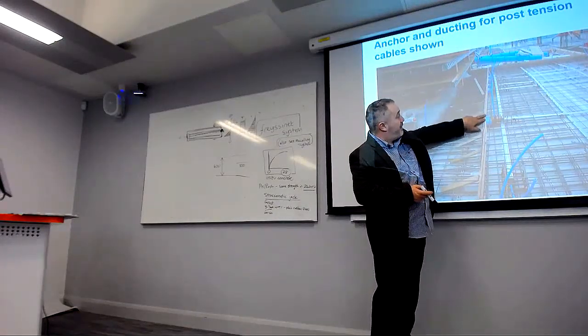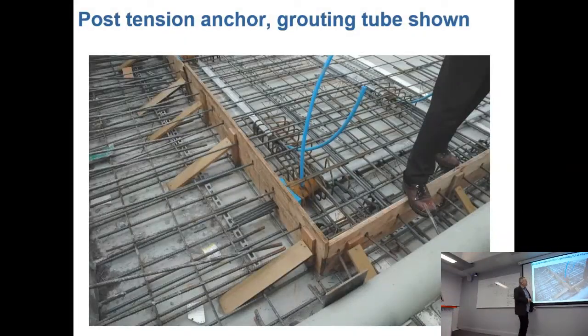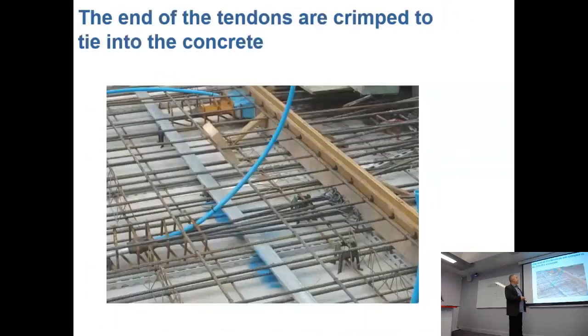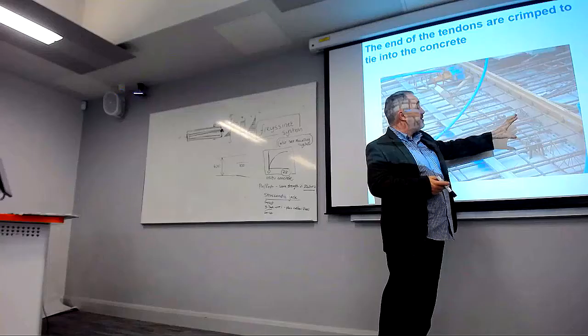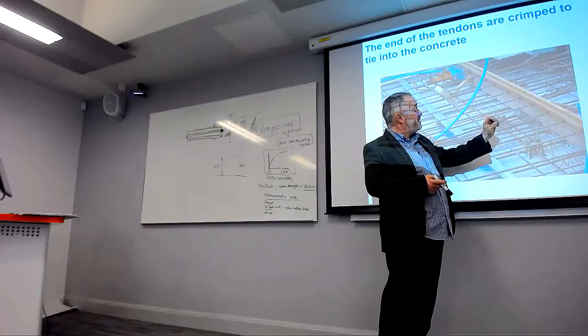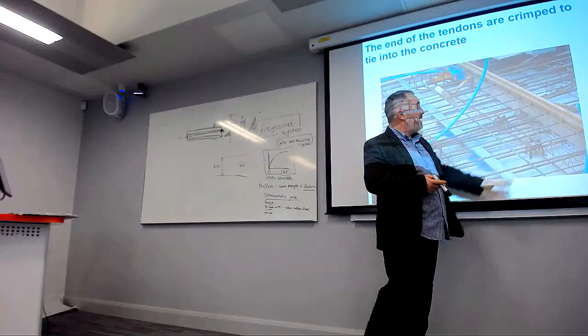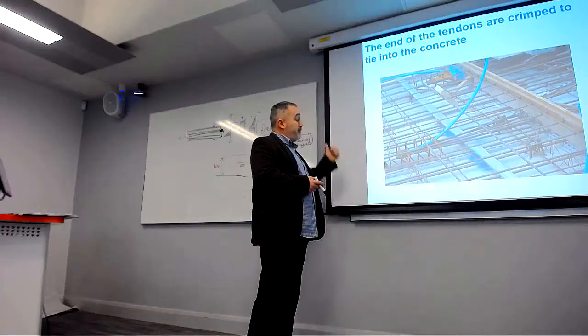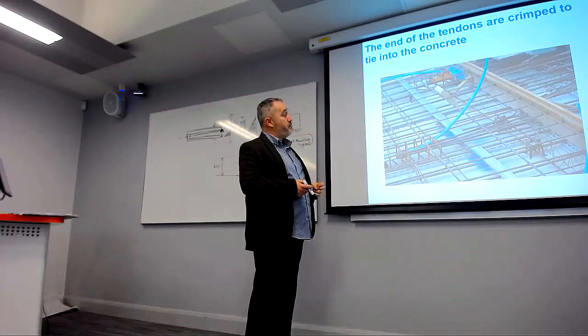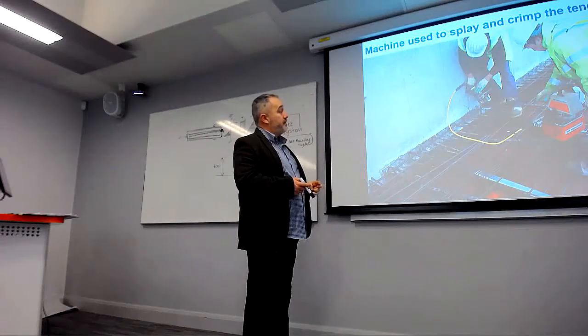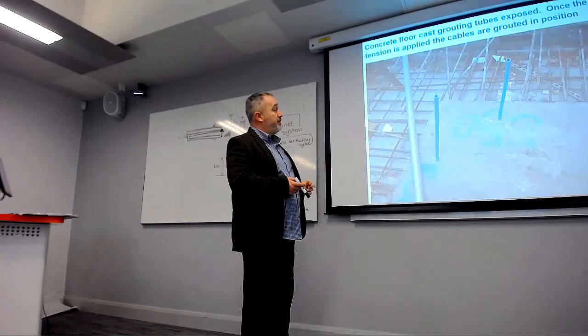This is before the concrete's poured. This is our anchor block. One end is the anchor block, and at the other end your steel bars are just crimped. You get a machine that splays the bars, so these are fixed at one end and then pulled at the other end. That's a crimping machine.